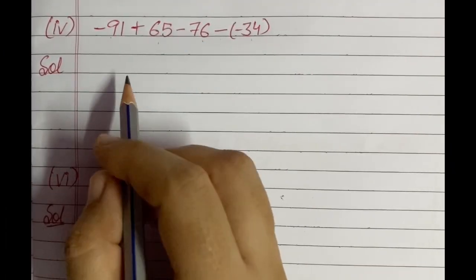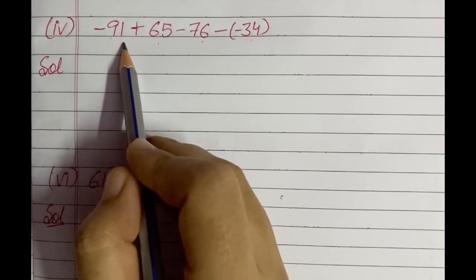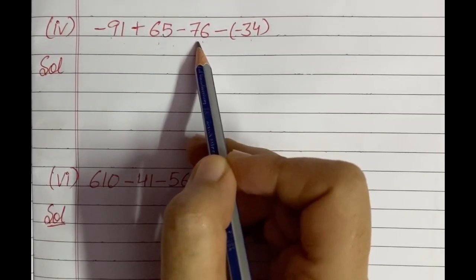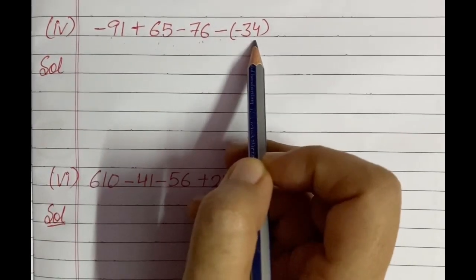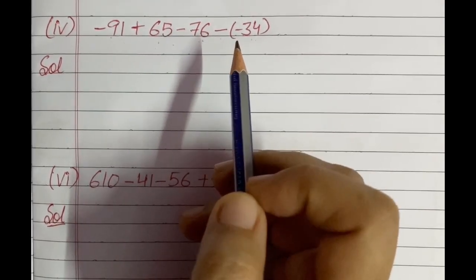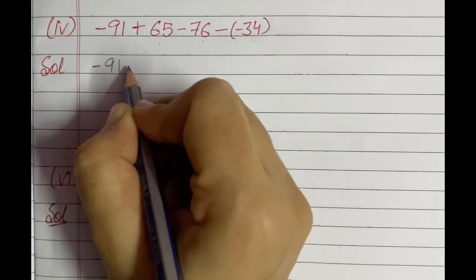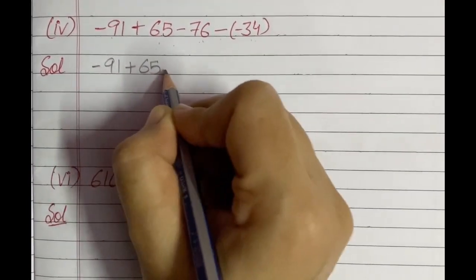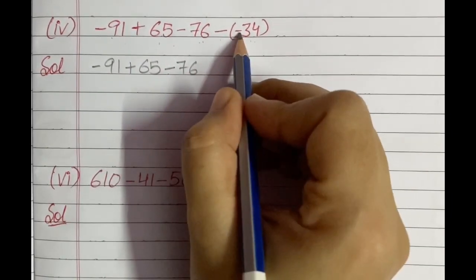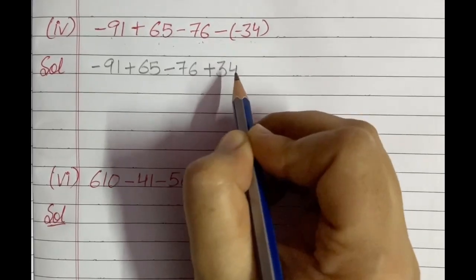Now the next I have taken is fourth part, and it says minus 91 plus 65 minus 76 minus 34. Now students, firstly we will rewrite them like this: minus 91 plus 65 minus 76, and this minus will become plus, so plus 34.